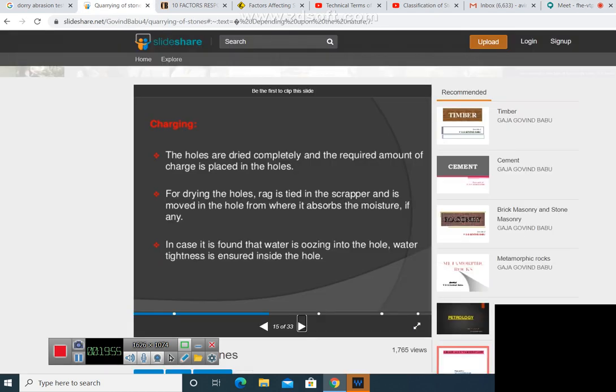Once the hole is made, the next operation is known as charging. The hole is completely dried and the required amount of charge is placed in the hole. How can you go for drying? For drying the holes, a rag is tied to a scraper and moved in the holes, where it absorbs the moisture. If water is oozing into the hole, water tightness is ensured inside the hole.